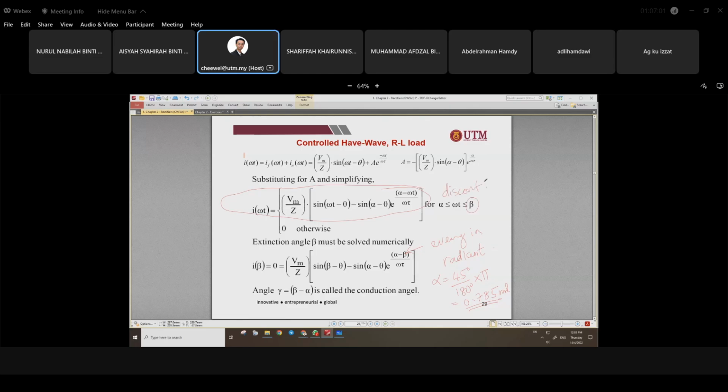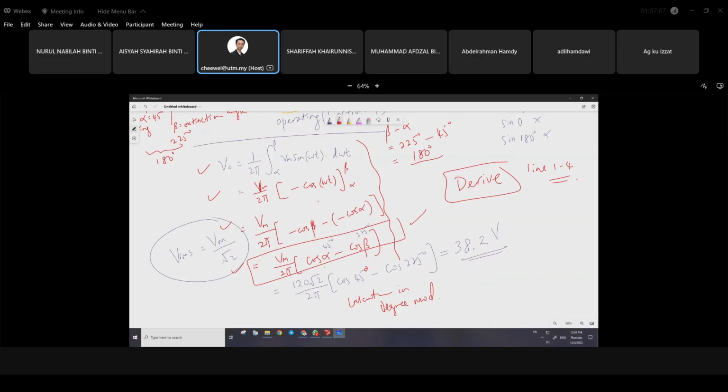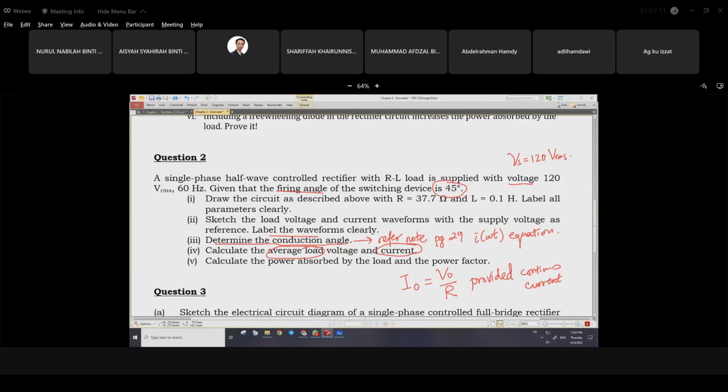But this is a condition when we can use the very simple equation like this one, provided that it is continuous. What is the condition for continuous? It says that omega L is much larger than R.